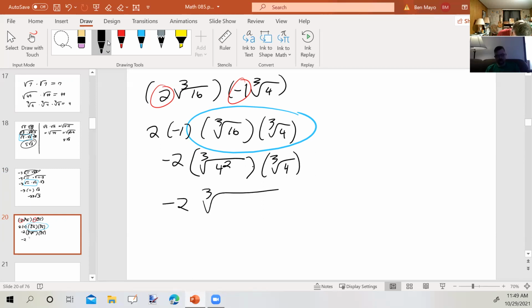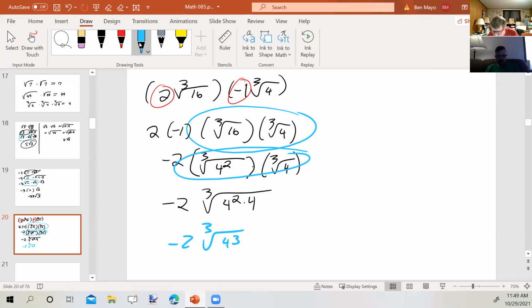I have that, right? Putting these together. But isn't that 4 cubed inside 4 squared times 4? So the cube root of 4 cubed is 4. So my final answer, negative 8. You see what I did?